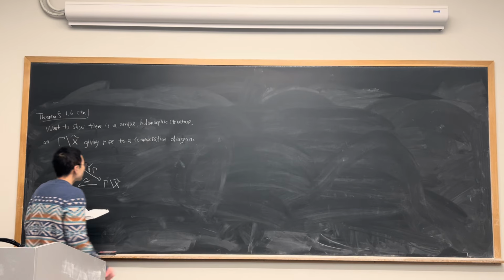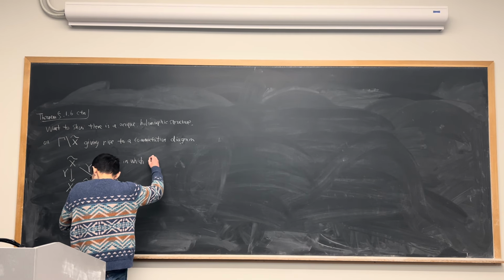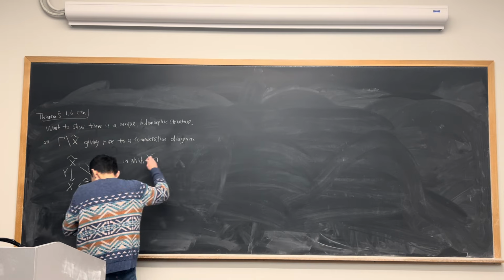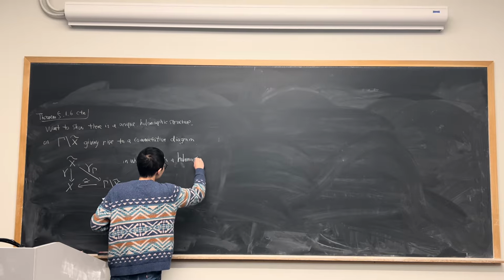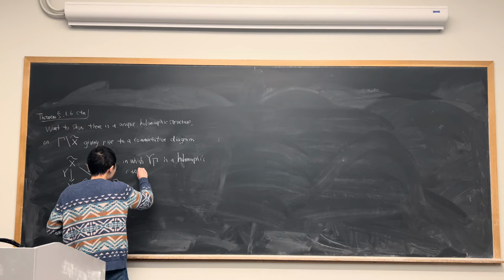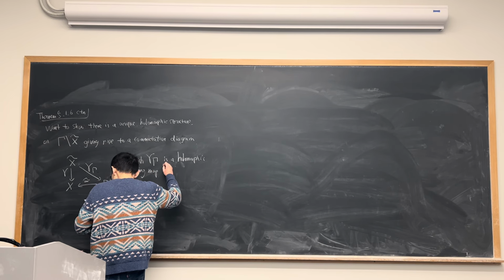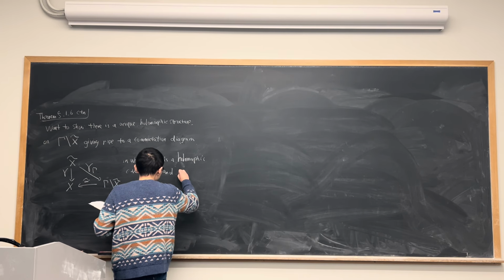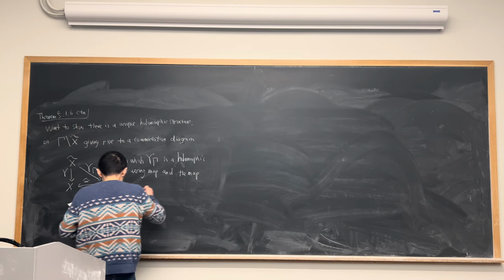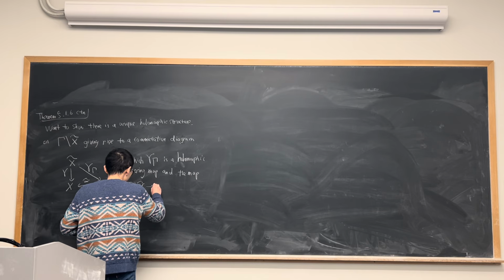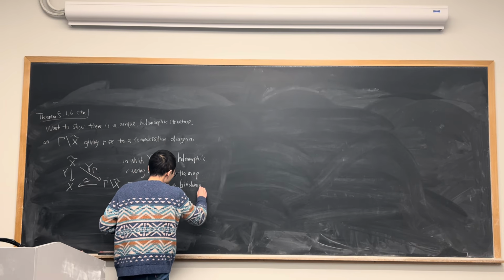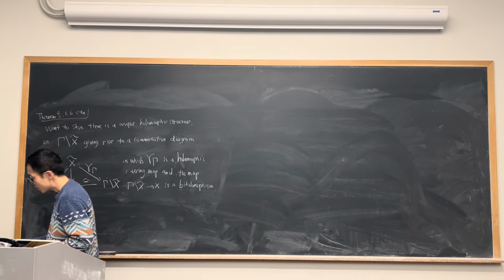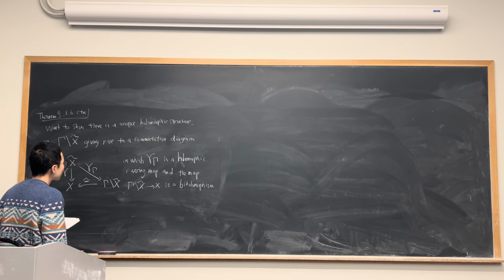Oh, sorry. Yeah. So in which this quotient map of Gamma is a holomorphic covering map, and the map from this quotient space to this X is a biholomorphism.